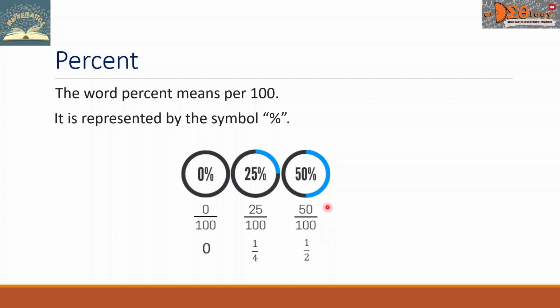Then we reduce to the lowest term, 1/2. So 50% means 1/2. Next example, 100%. This 100% is equal in fraction to 100 over 100. And we can simplify this as 1. So 100% is equal to 1 as a whole number.